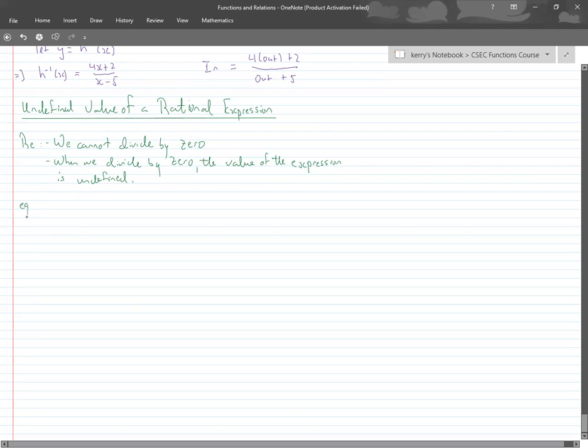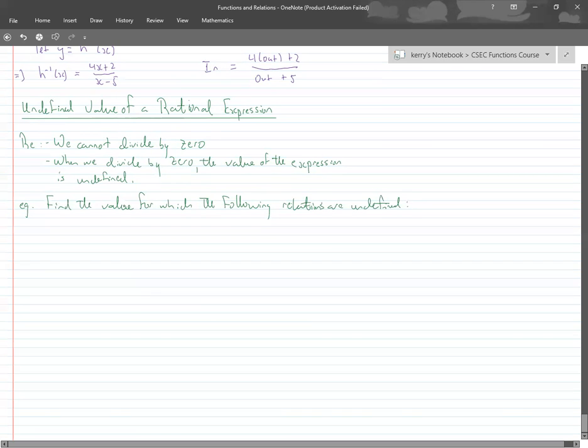So let's say, for example, we want to find the value of x for which the following functions or relations are undefined.